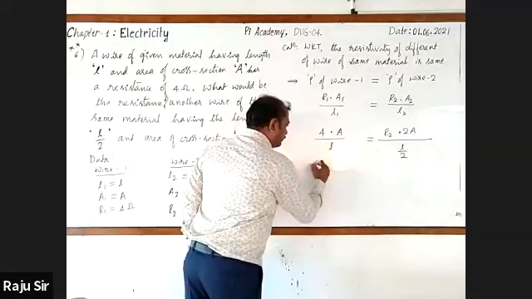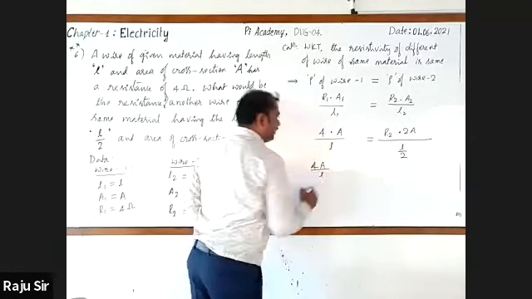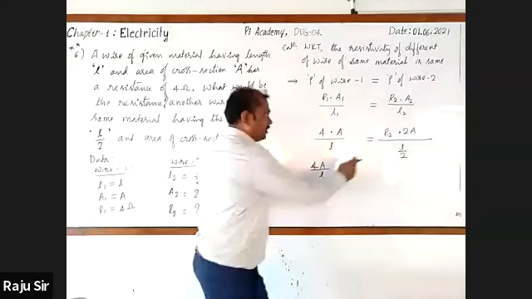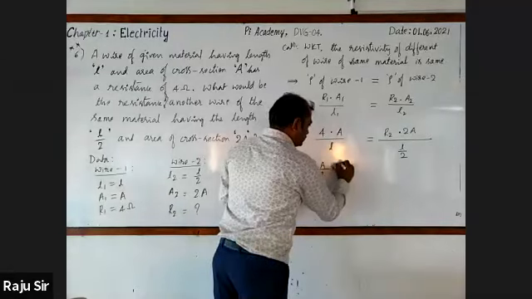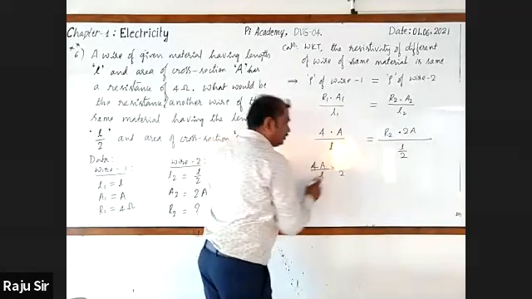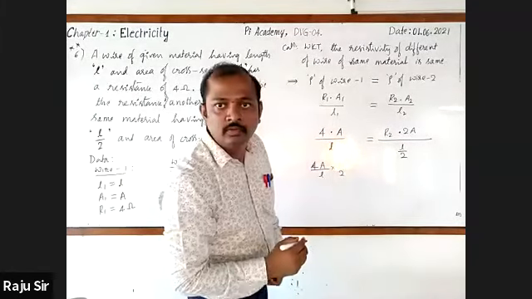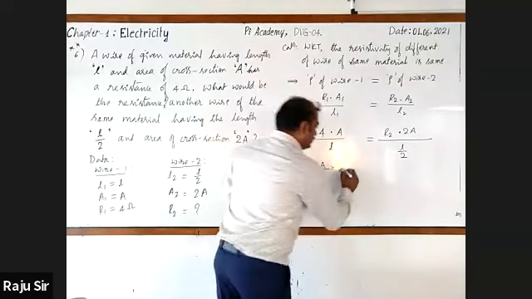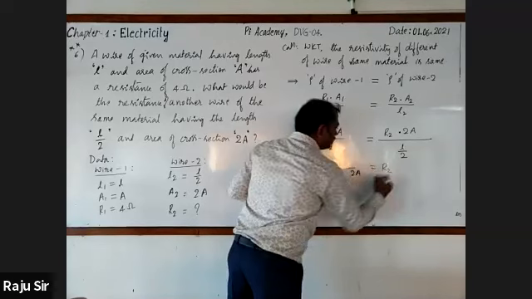Here, the LHS is 4 into A by L. Cross multiply L by 2, it is into L by 2, and take 2A to the denominator. It is equal to R2.